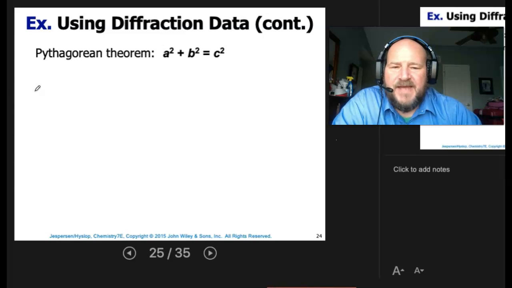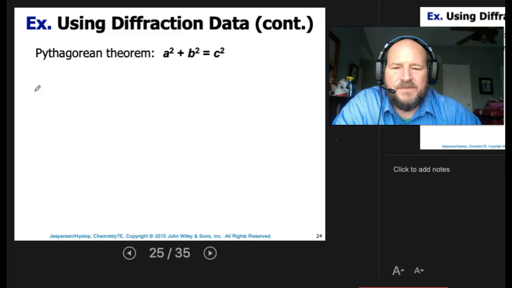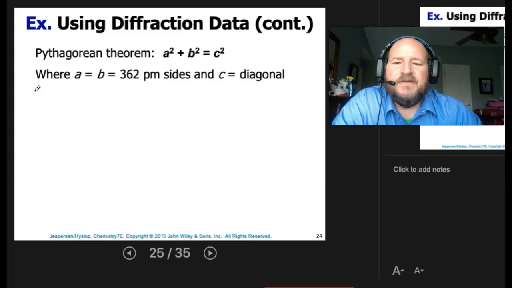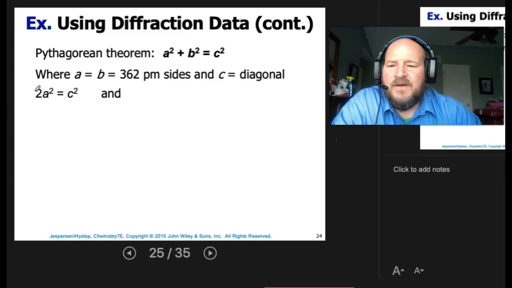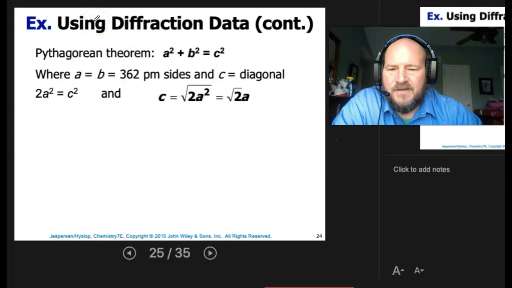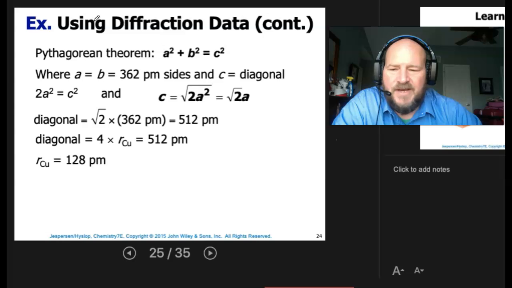All right, so we'll use Pythagorean theorem here, so we can make triangles out of that. a squared plus b squared equals c squared, where a equals b, which equals 362 picometers. The c is the diagonal. So 2 times a squared is equal to c squared. And of course, plug and chug through that. And so we get the radius of the copper to be 128 picometers.